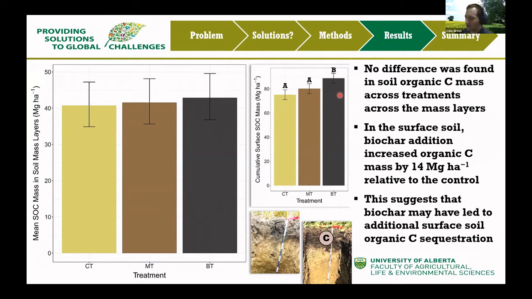However, this increase was offset in deeper soil layers, indicating that surface soil organic carbon increases due to organic additives cannot be viewed independently of potential effects on carbon cycling processes occurring deeper in the soil.